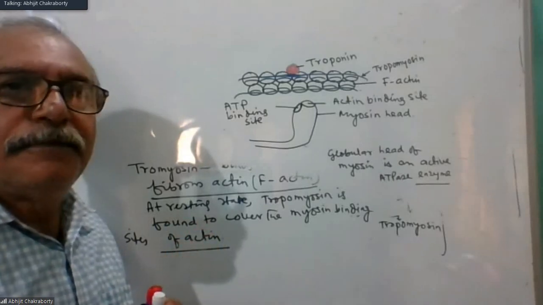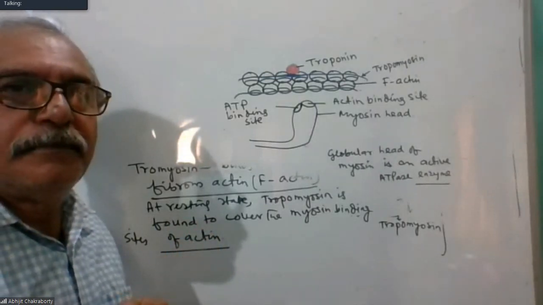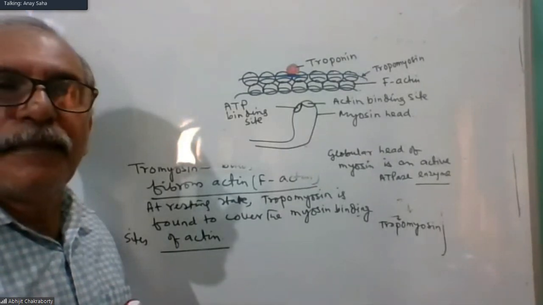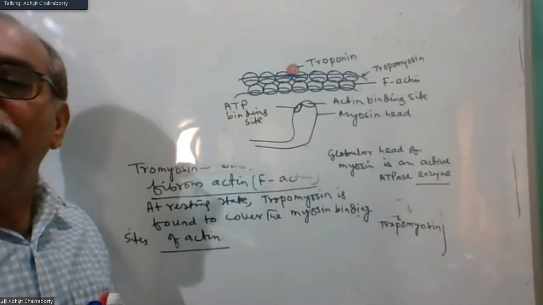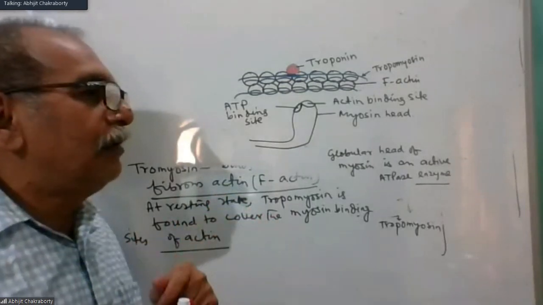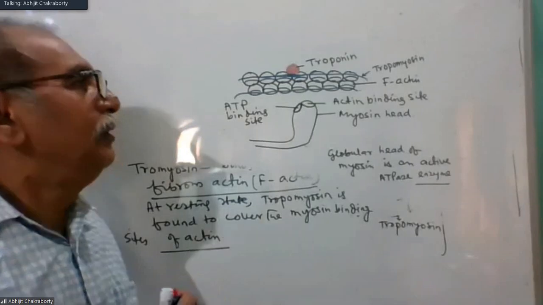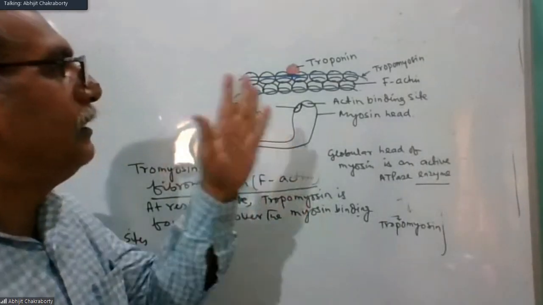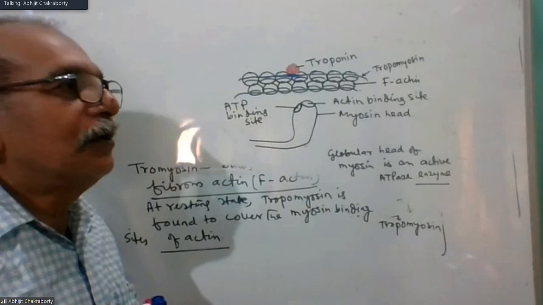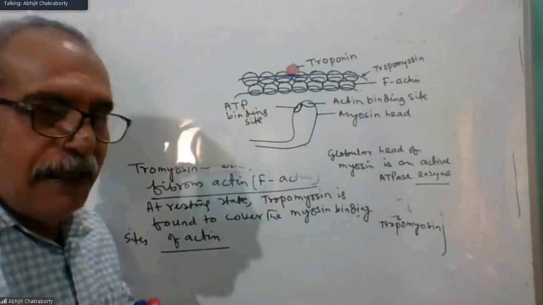Is it clear? Yes, sir. Actually, I cannot complete the contraction today; up to this I can complete. This is the basic idea, and then it is easier for you to understand how contraction occurs step by step.